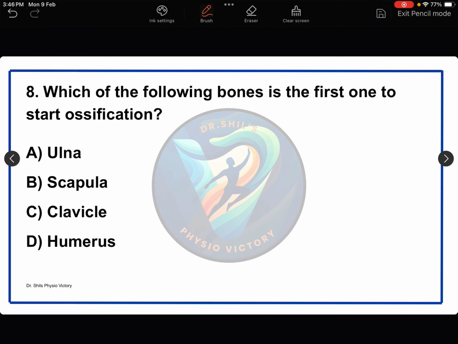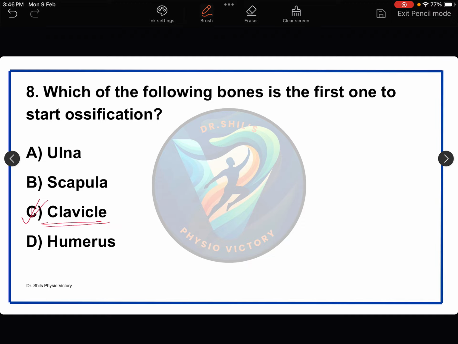Next come to question number 8. Which of the following bones is the first one to start ossification? Option A, ulna, option B, scapula, option C, clavicle, and option D, humerus. Here the correct answer is option C, clavicle.